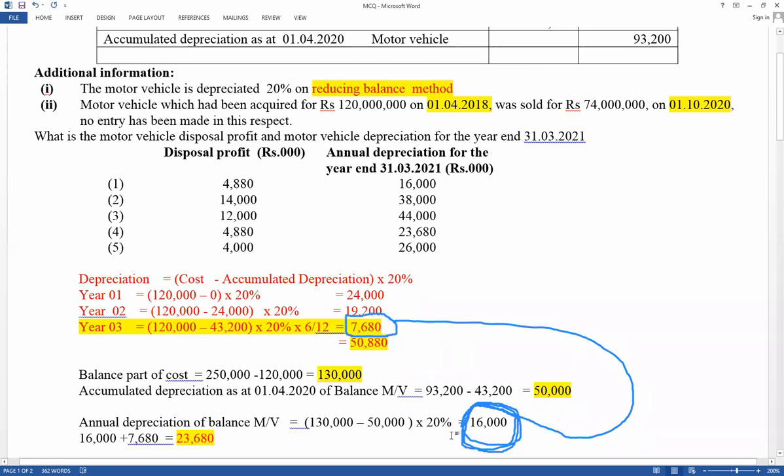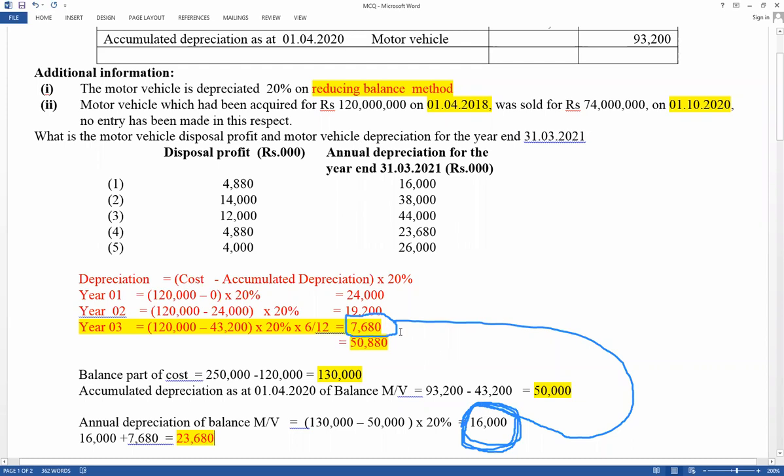And for the balance part, how to calculate its cost value and its accumulated depreciation. Then cost minus accumulated depreciation. This is the annual depreciation of the unsold asset. The sold asset was also used for 6 months.